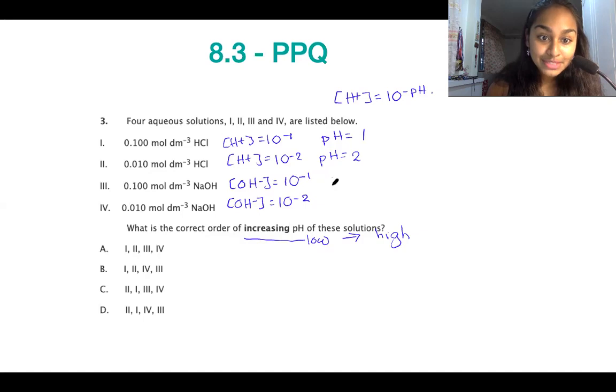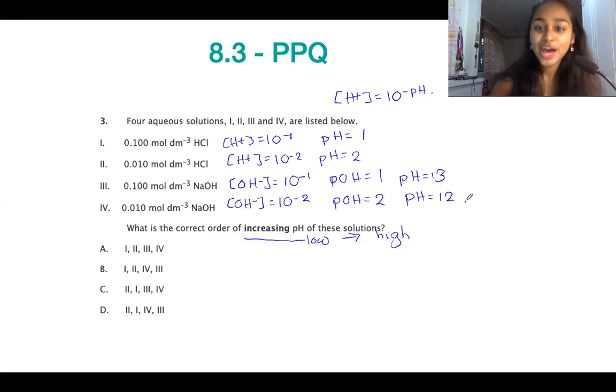And now, from options 3 and 4, I'm going to work out the pOH. This one's got a pOH of 1 and therefore a pH of 13. This one's got a pOH of 2 and therefore a pH of 12. Okay, cool. So now that we've got all their pHs, let's arrange them in increasing order.